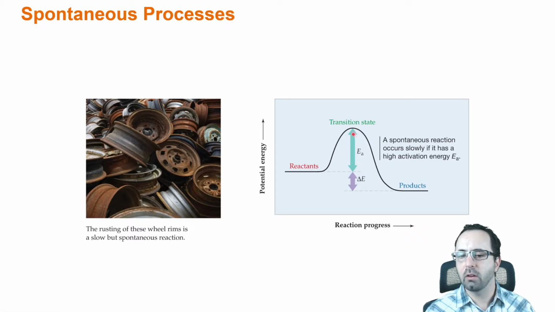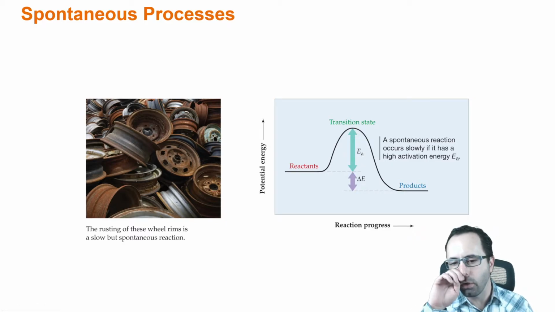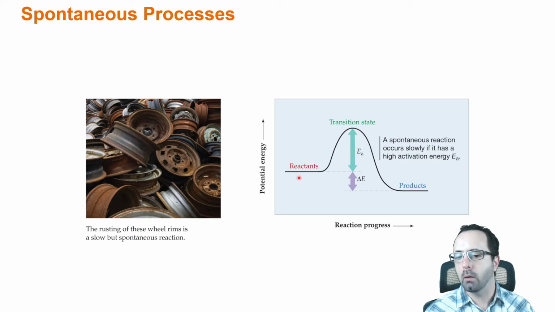If the activation energy is high, a spontaneous reaction will occur, but it will occur more slowly because there will be few reactant particles that at any one time have enough energy to overcome this transition state energy barrier and make the products. If the activation energy is small, then the reaction will go more quickly.